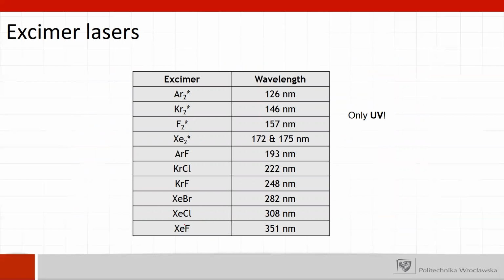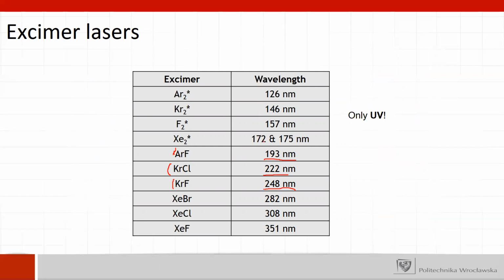The most popular compounds are argon fluoride at 193, krypton chloride at 222, and krypton fluoride at 248 nanometers. These are pretty short wavelengths that are very useful in many applications.